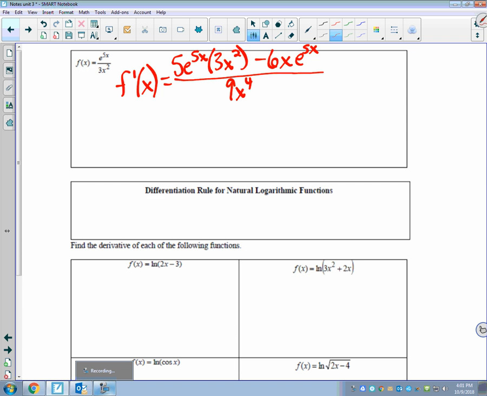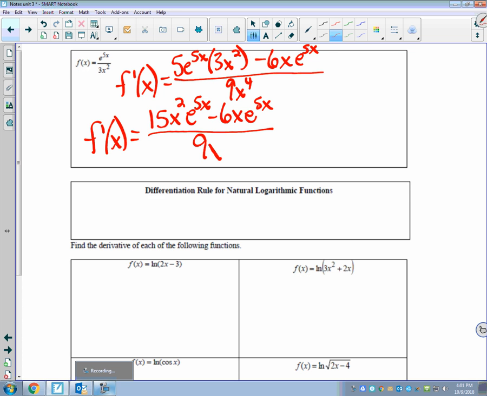So you have to know the quotient rule. And now let's just see if we can clean it up. Again, we could multiply there. We could factor out an e to the 5x if you want. Okay, I've just got to write it out now. 15x squared e to the 5x minus 6x e to the 5x all over 9x to the 4th.